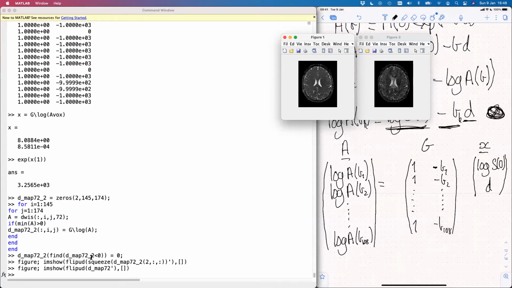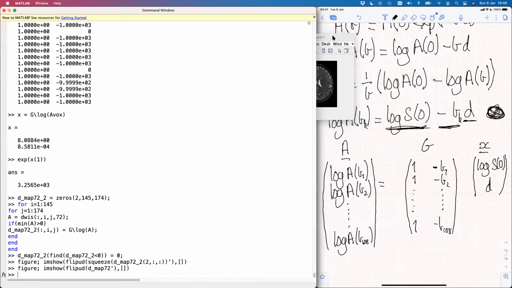So one last thing to do, going back to the single voxel that we looked at, having now computed these parameter estimates, I'm going to close these images.